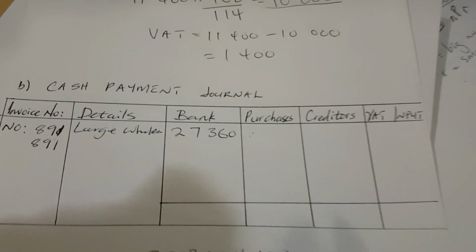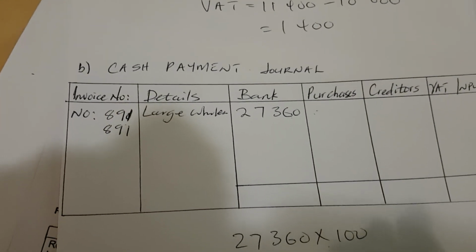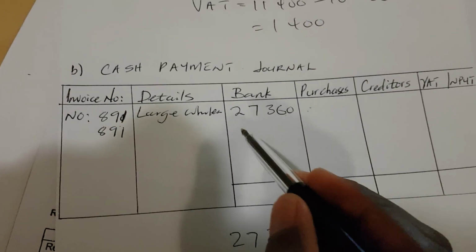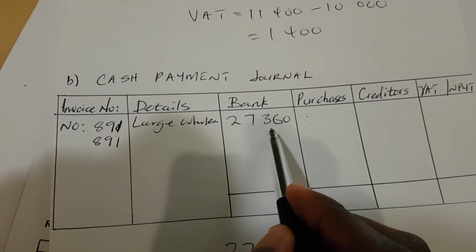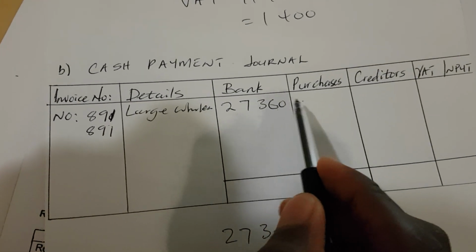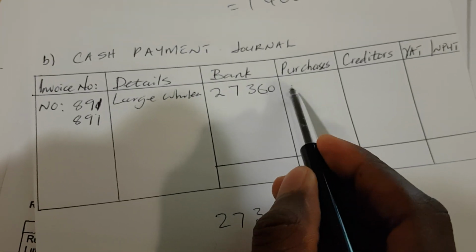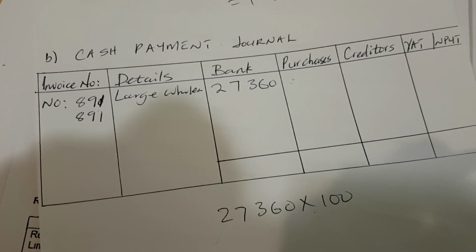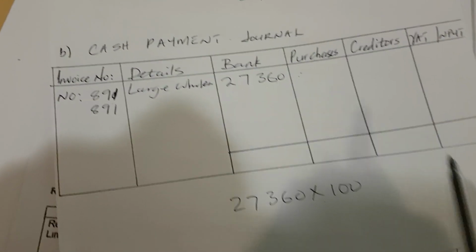So here's the thing, guys. If we paid 27,360 for our purchases, we want the actual amount of purchases excluding VAT, because here in the purchase price the VAT was inclusive.